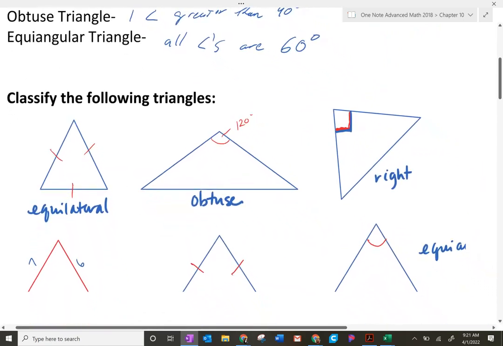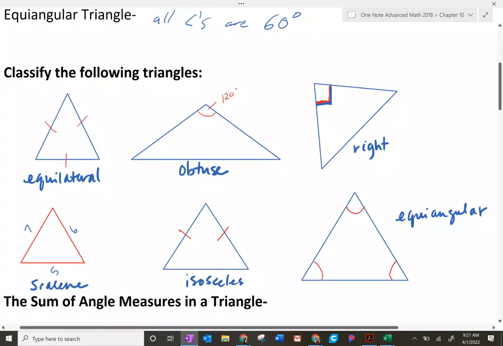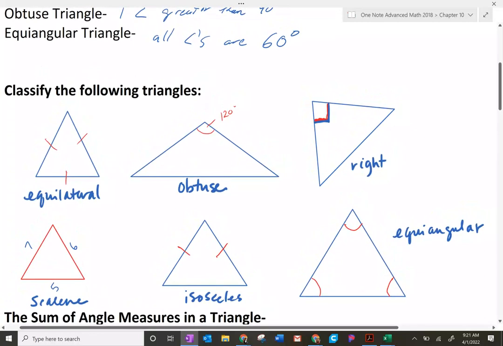I left somebody else's drawings on there because why not? If you want to visually see what they look like or draw them, you most certainly can. But again, if they have the hash marks on the outside, that means we're measuring by the sides. If it has the arcs on the inside, that means we're measuring by the angles.